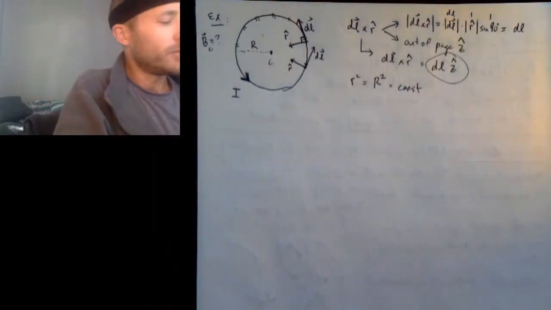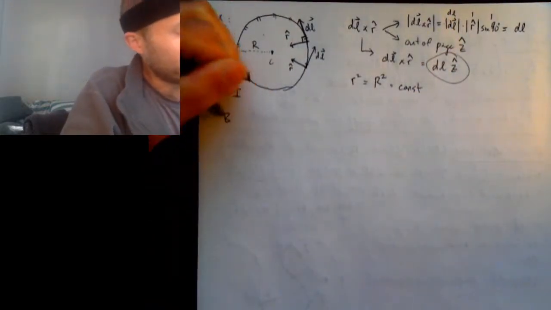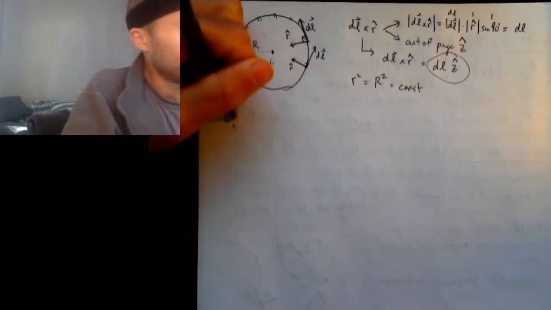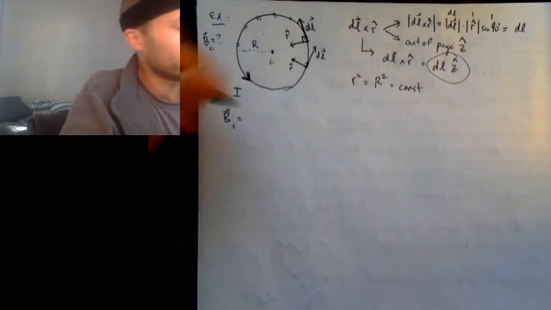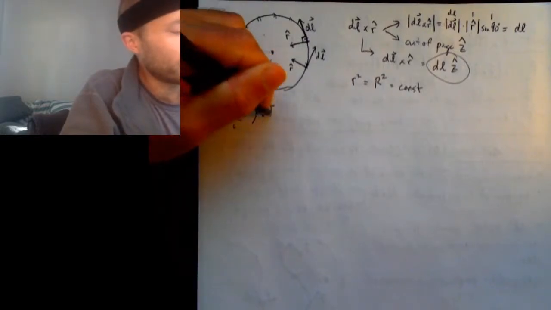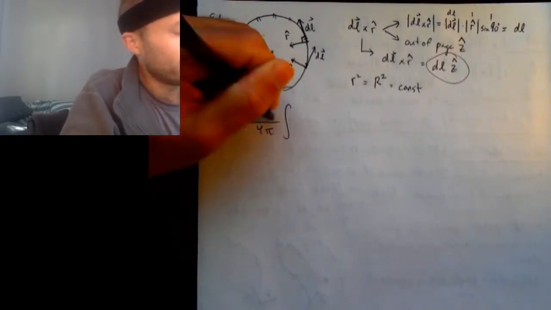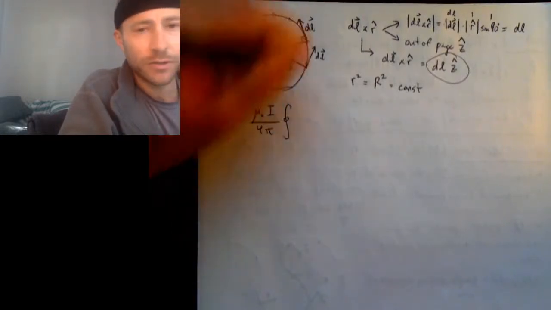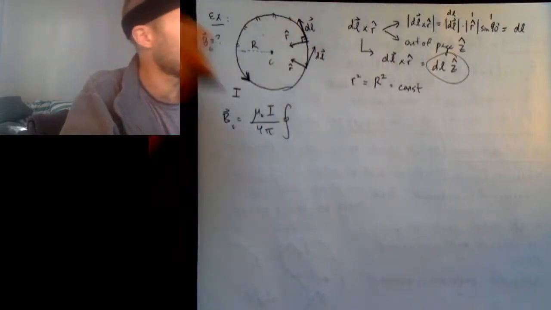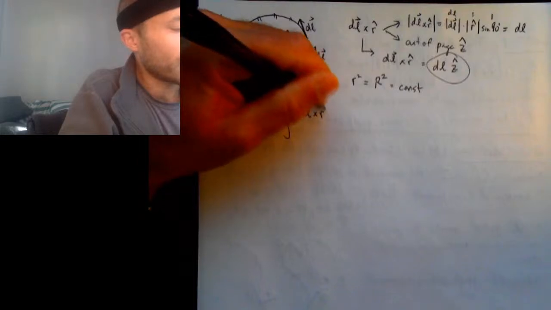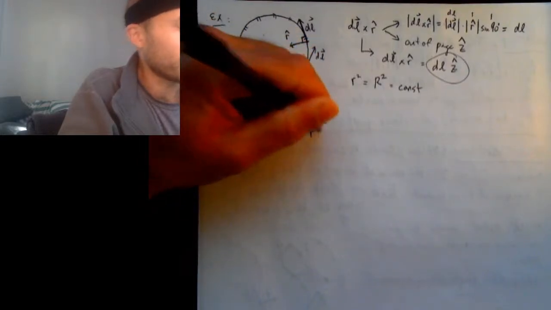Now we just plug in to the Biot-Savart law. The magnetic field at the center of the circle is going to be mu naught I over 4 pi times the integral around the loop, because it's a loop of current, of dl cross r hat over r squared.